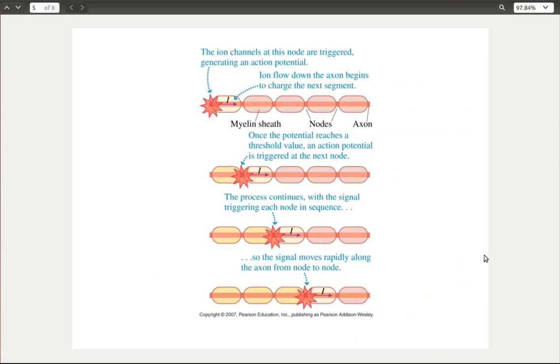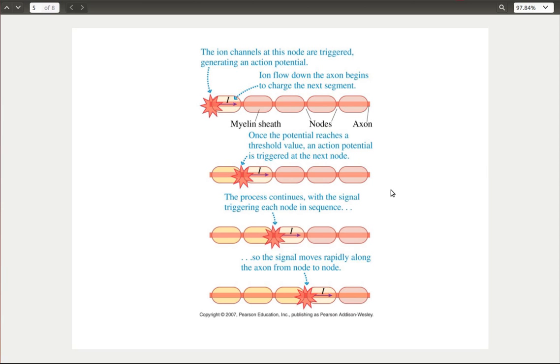Okay, so let's describe it a little more carefully. Most of the axon is thick, but there are gaps in that thickness called the nodes, and we want to describe why those nodes and why the thickness of most of it allows the nerve signal to propagate much faster than it would otherwise.